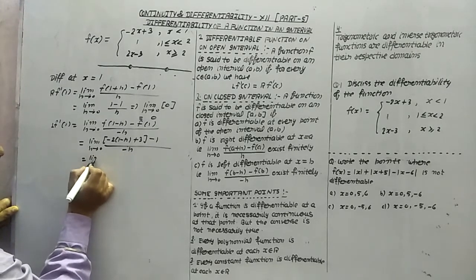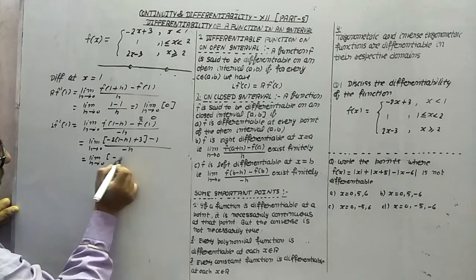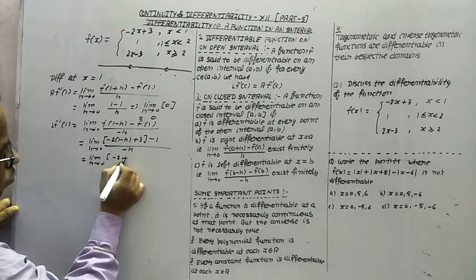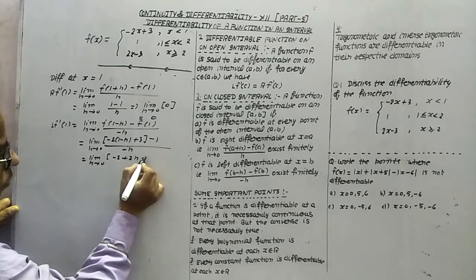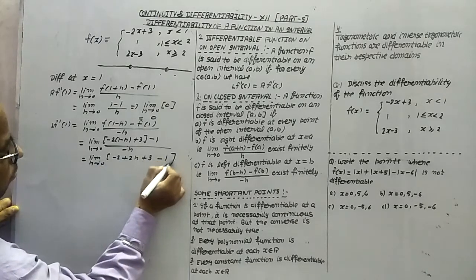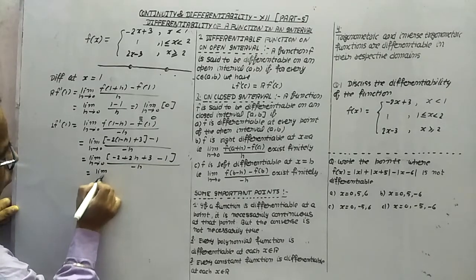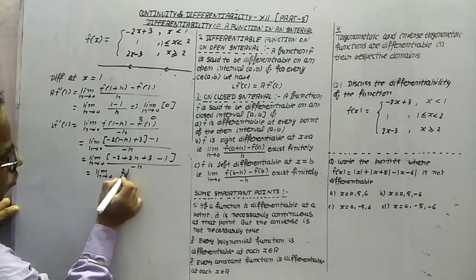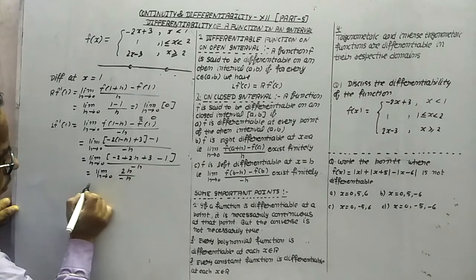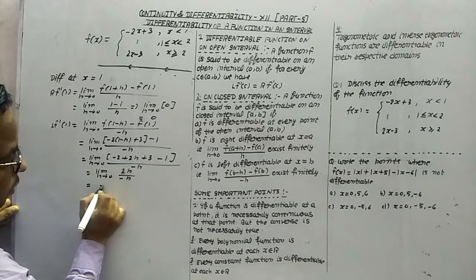Solving, this becomes minus 2 plus 2h plus 3 minus 1 upon minus h, which is 2h upon minus h, so this comes to minus 2.